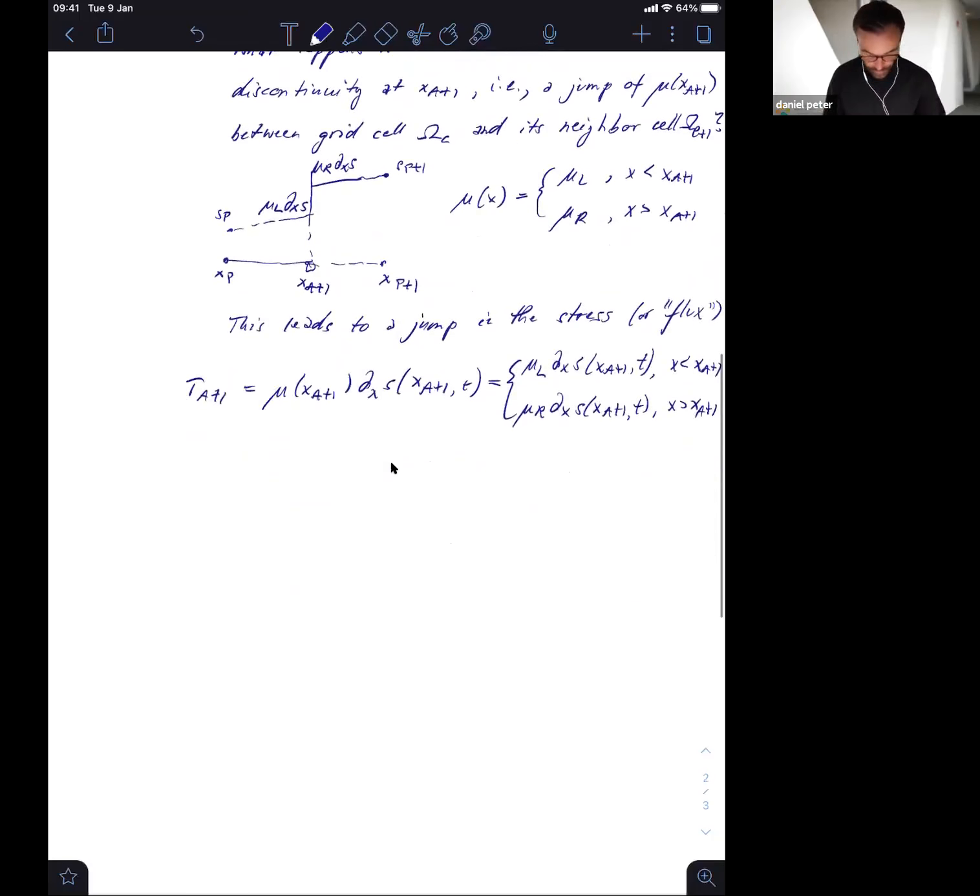So in a finite volume perspective, this is a Riemann problem.